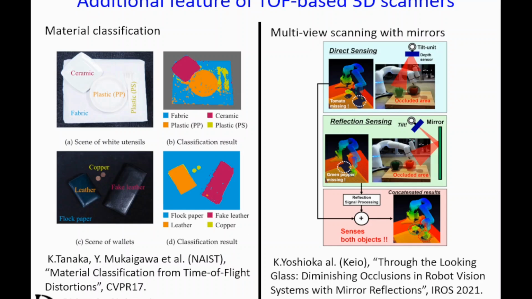Potential additional features of ToF-based 3D scanners are here. Here is an example of material classification. This is obtained by distance distortion due to interreflection.